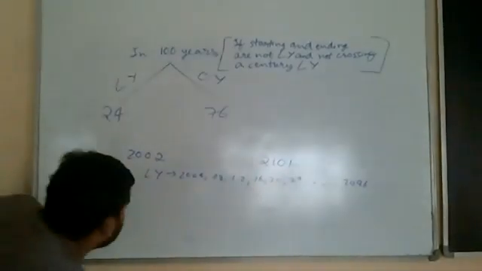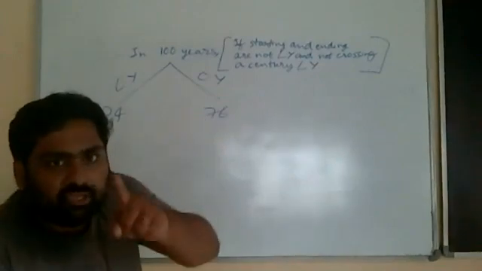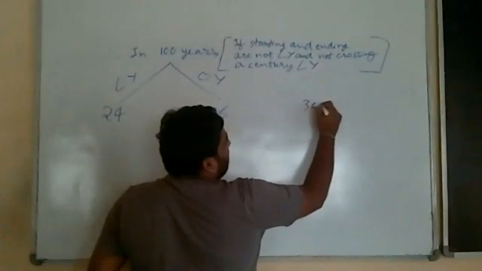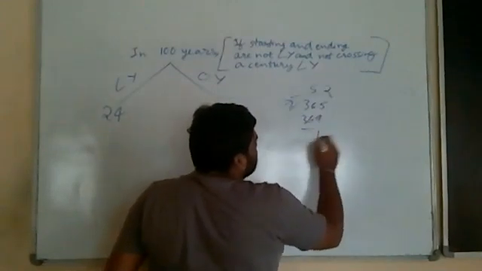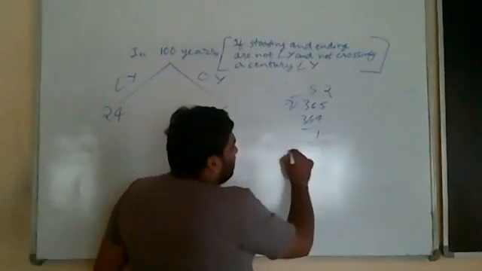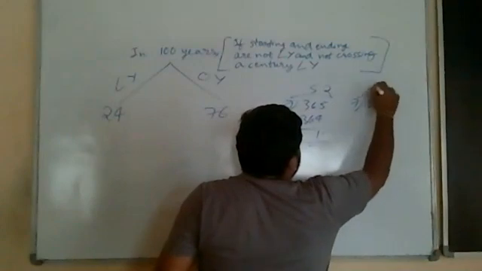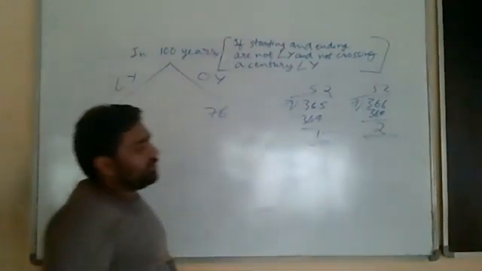So, there are 24 leap years and 76 ordinary years. In every ordinary year there is one odd day. Remember, 365 divided by 7 will give you 52, 364, remaining is 1. Similarly, if I take the leap year, then 366 divided by 7 will give me 52, 364, so remaining will be 2 odd days.